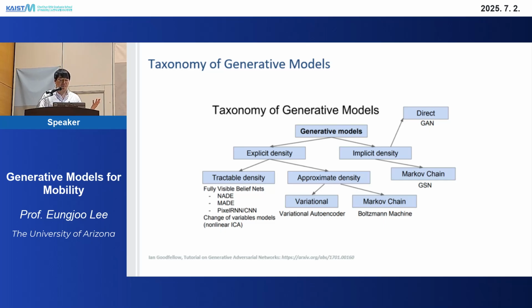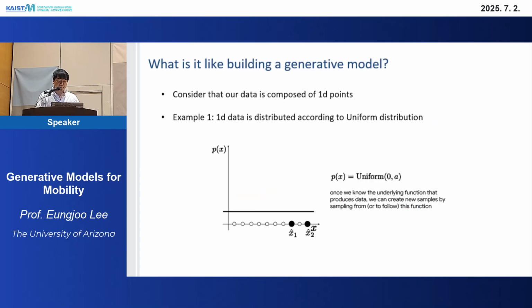Those are tractable density estimation methods. In this explicit density estimation category, variational autoencoder is also a representative method. And under implicit density estimation, GAN-based approaches would be the ones under this category. So what is it like building a generative model?